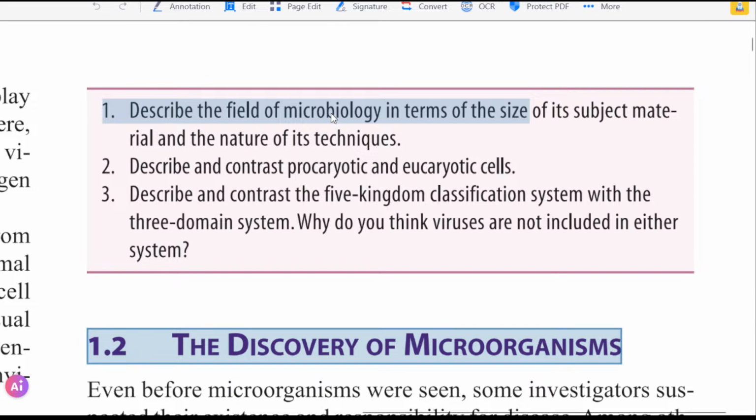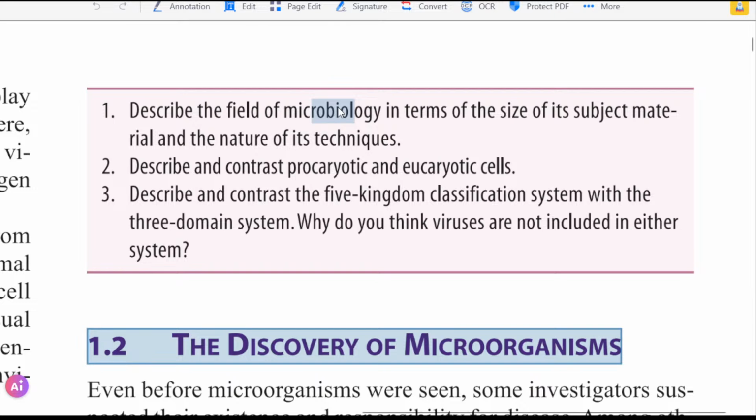First of all, microbiology covers all the microorganisms, and not just the microorganisms, everything that's related to them. Microorganisms are bacteria, viruses, fungi, archaea, protozoa, and did I miss something? Algae, yes.